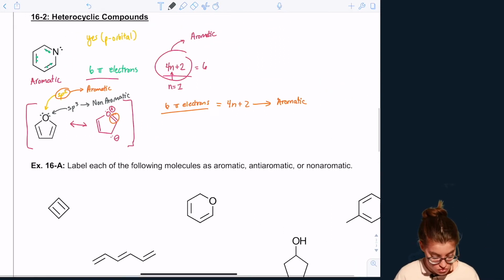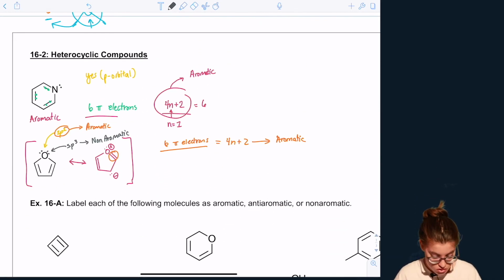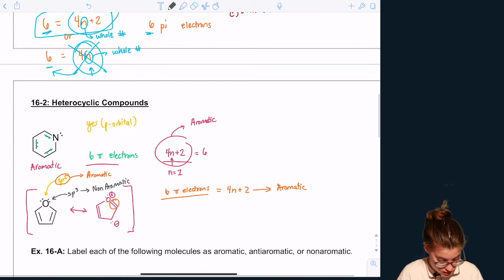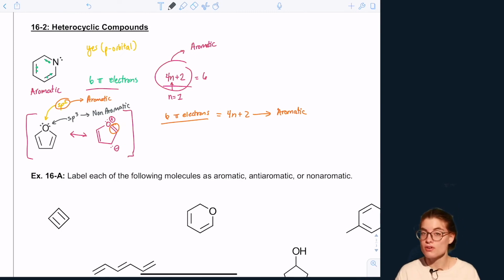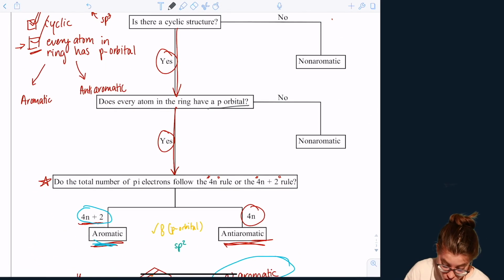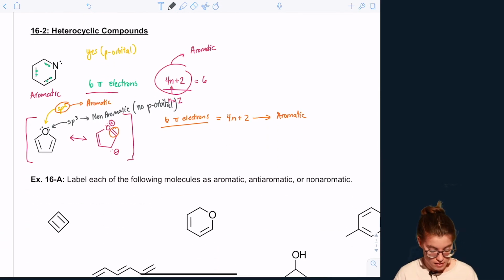Well, let's go through our flow chart again. So 1, is it cyclic? Yes. 2, does every atom in the ring have a p orbital? Well, sp3 hybrid atoms do not have a p orbital, okay, because they used all of their p orbitals in the hybridization process. And so remember what I said, if you say no to this, automatically you're non-aromatic. Your compound will be non-aromatic.